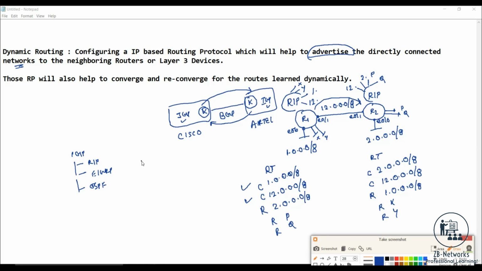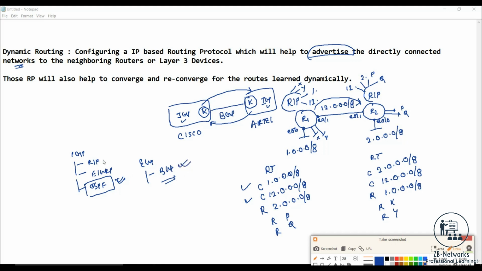Likewise, with respect to EGP, we have a very big protocol called BGP, and I'll give you an overview of what BGP is and how it works, so that at a very basic level you understand the importance of those protocols. But frankly speaking, if you work with any IGP, OSPF is the protocol that would be heavily implemented. Most companies and most places use OSPF as the protocol of choice with respect to IGP. And when you talk about any advanced design with respect to ISPs and internet traffic, then it is going to be BGP.